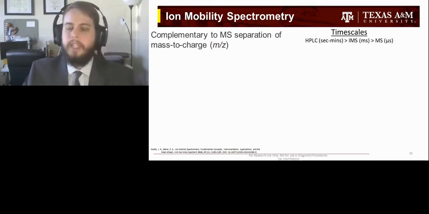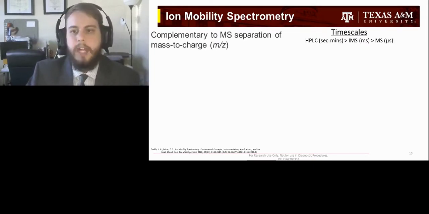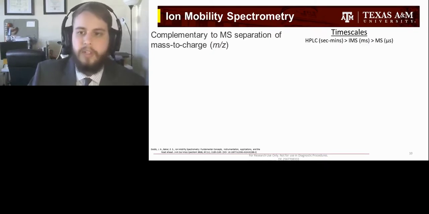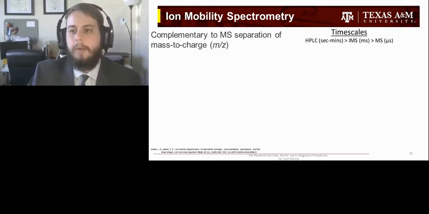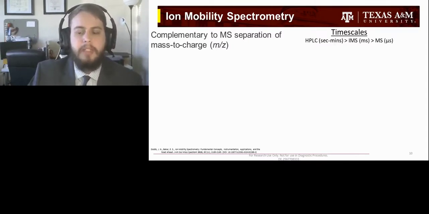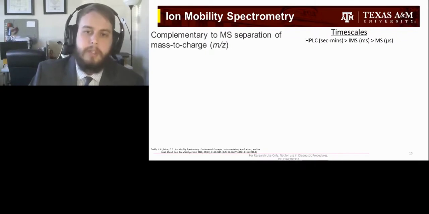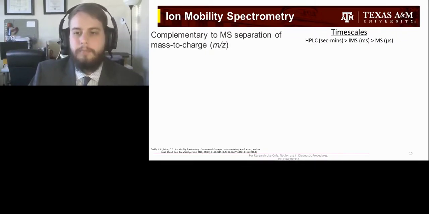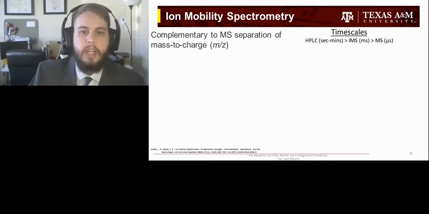It fits neatly within the timescales of LC-MS, where you have HPLC with separations on the order of seconds to minutes, and mass spec with separation on the order of microseconds. Most mobility experiments are in that millisecond range, so it fits very neatly within the duty cycles and time scales of LC and mass spec.